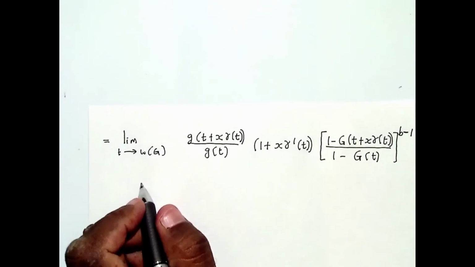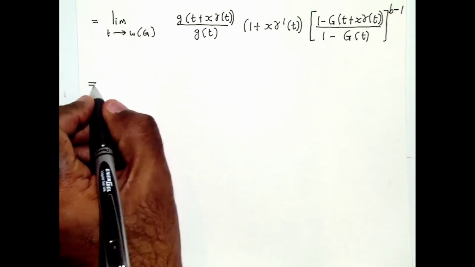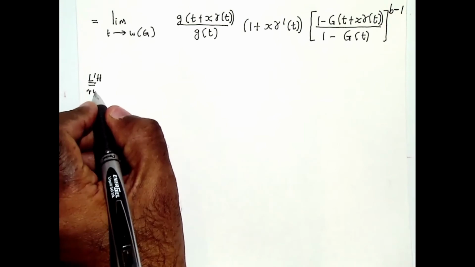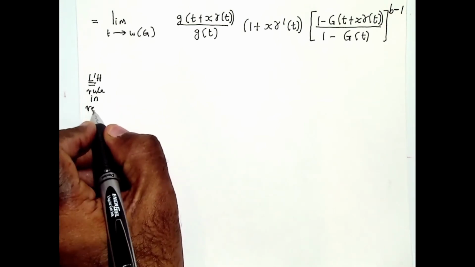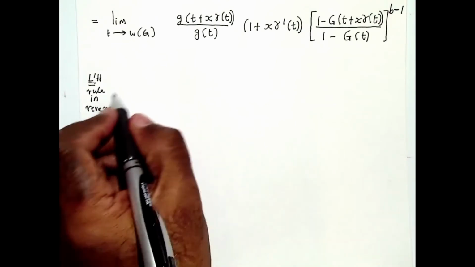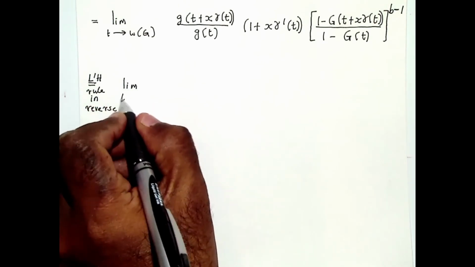Okay. All right, next thing is I'm going to use the next line. I'm going to use L'Hôpital's rule one more time, but in reverse. I will explain what I mean by reverse in a second, but let me write this first.